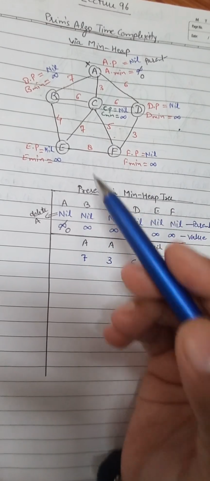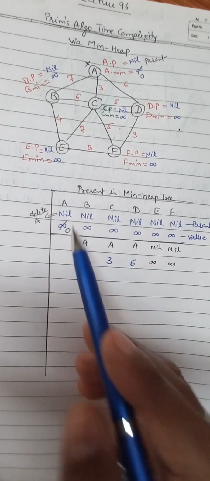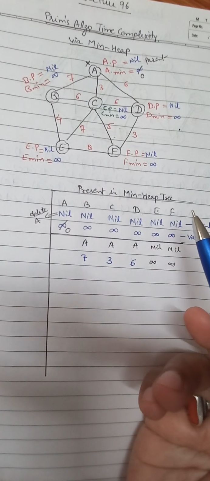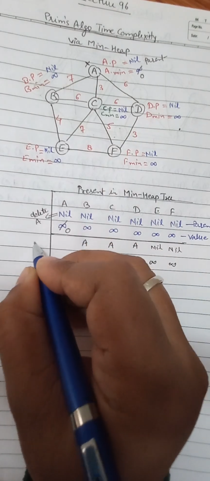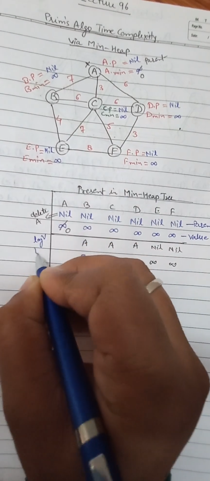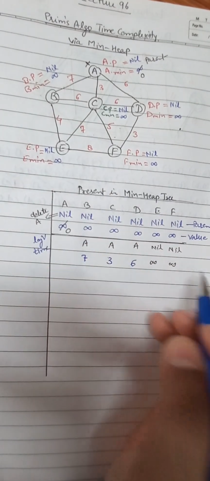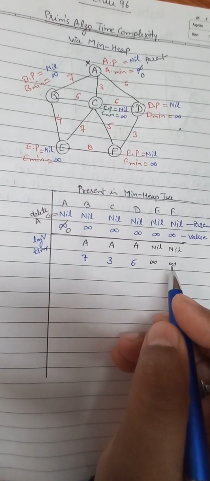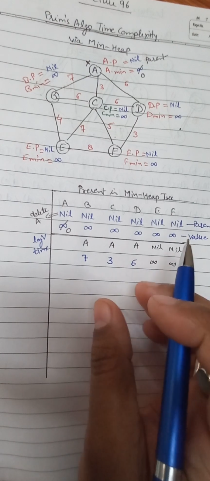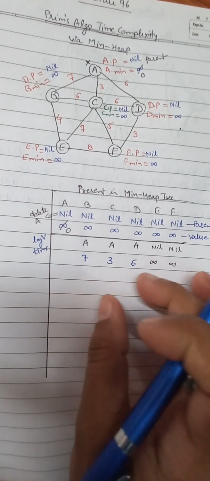So we can say that if suppose v vertices are there, then log v time it will take. Now we need to find out which is the minimum. So minimum is 3 here, so we need to search for it. We need to go through all the vertices.